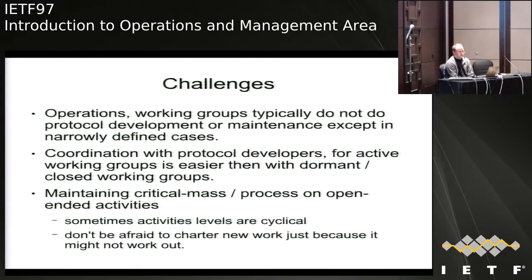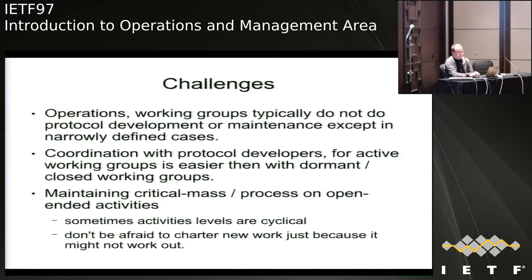So part of the responsibility of an area director and the working group chairs is to judge where there are critical levels of activity and to kill off areas where we're no longer doing a good job, or where we lack critical mass or interest for the IETF to still be engaged in those activities. But some activity levels are cyclical.